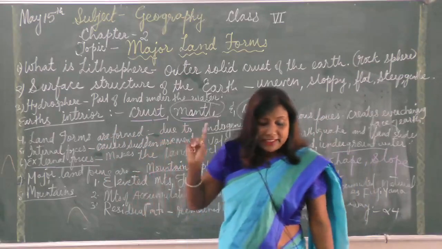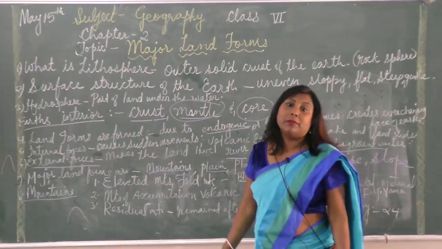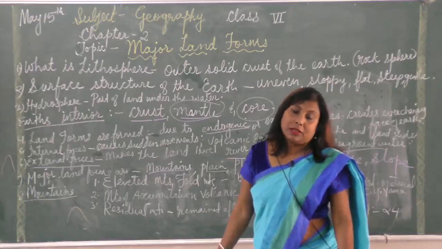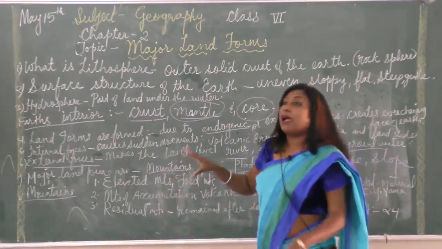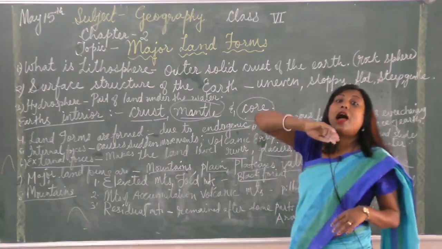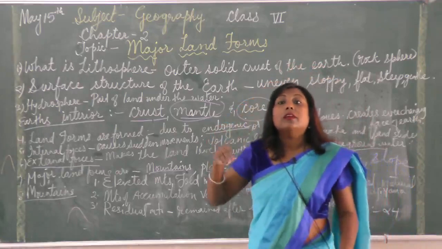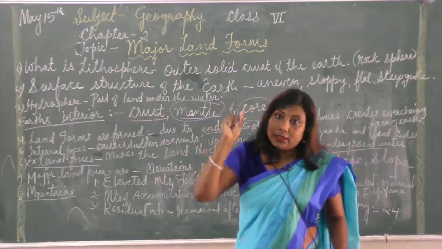Now one good example of a mountain chain is the Himalayan mountains of Asia. Very famous mountains. When you look at the Himalayan mountains, they have high peaks, and we know that Mount Everest is the highest peak of the earth.